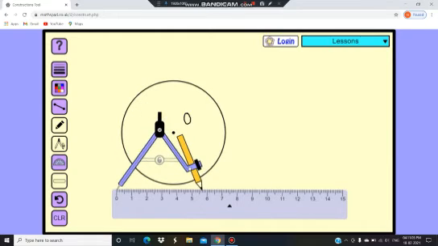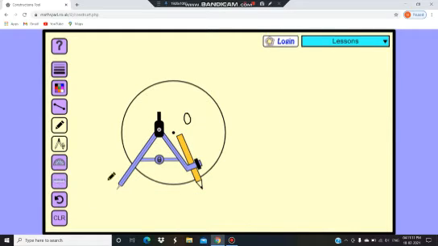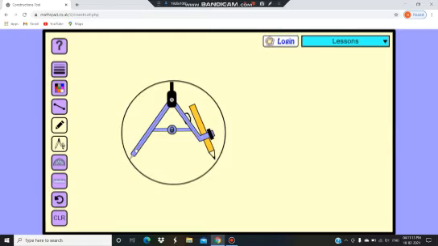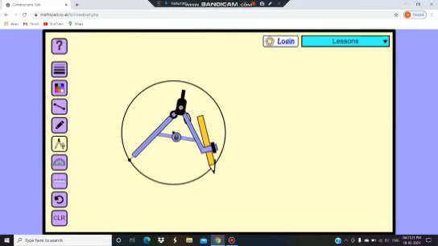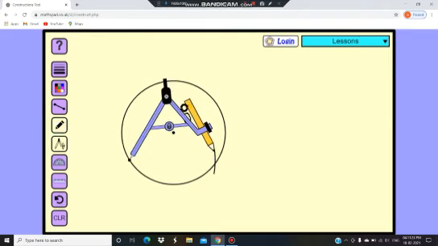So in a rounder, take a distance of 5.7 centimeter. Now keep the pointer anywhere on the circle. Okay, I'm keeping the pointer here, and on the opposite side, wherever it's intersecting the circle, draw one arc.